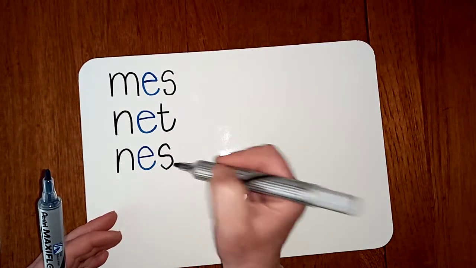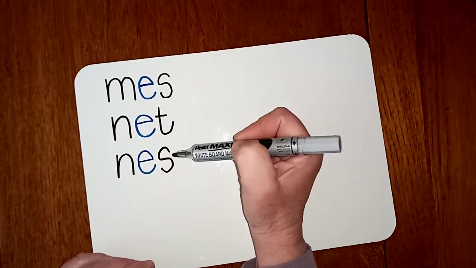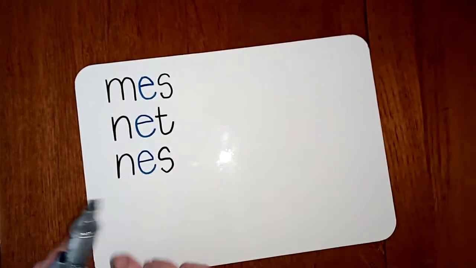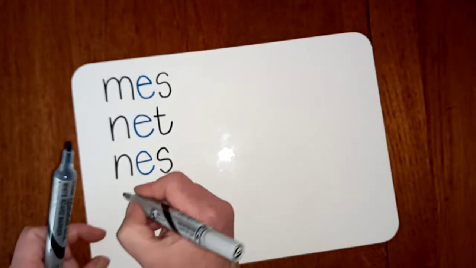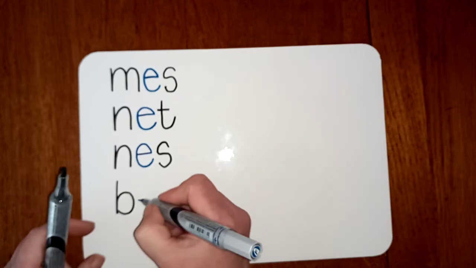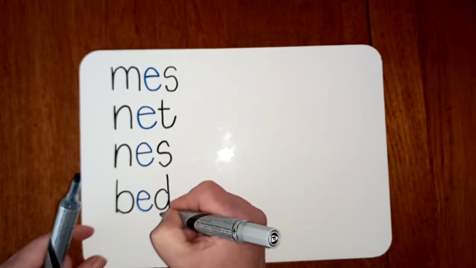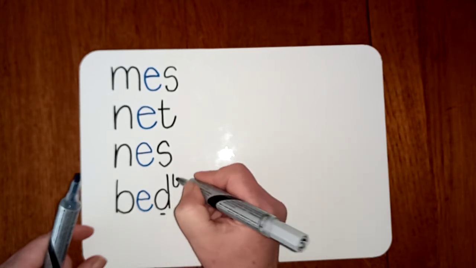It's a nest of eggs. So mes, net, nes. The next one is bed. And remember I said it's spelt with a D, but we pronounce it, and I'm just going to put a little one up there. We say it as bet. We don't say bed like we do in English. So bet.